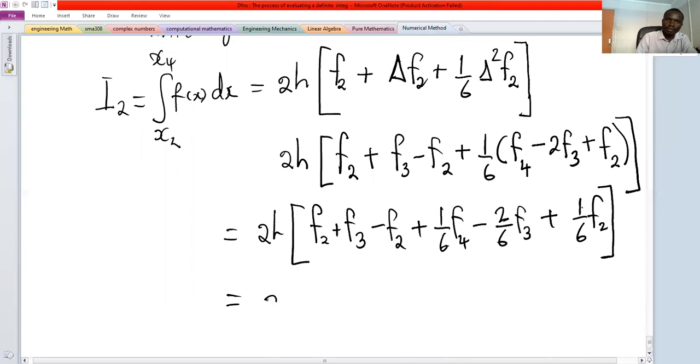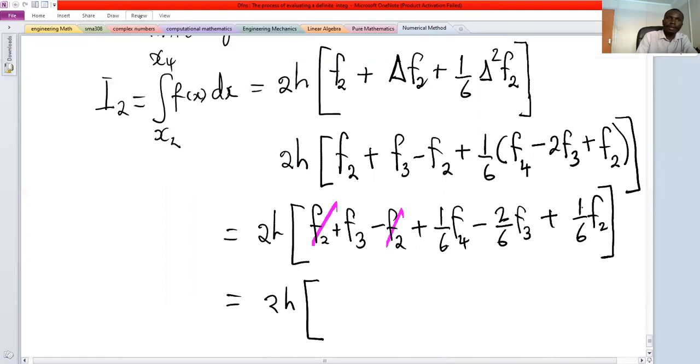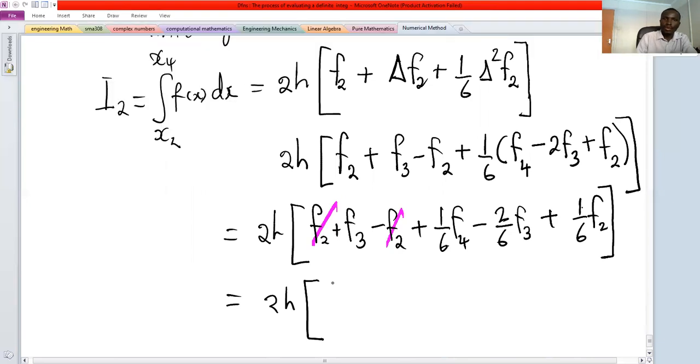Which will be 2h. And then at this point, these two values cancel out, this and this. And so we'll have f3 minus 2 over 6.